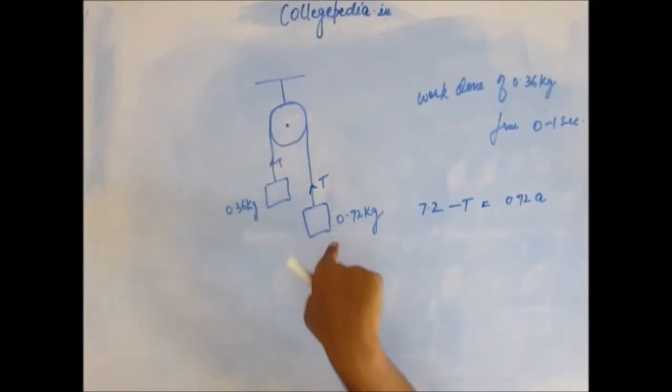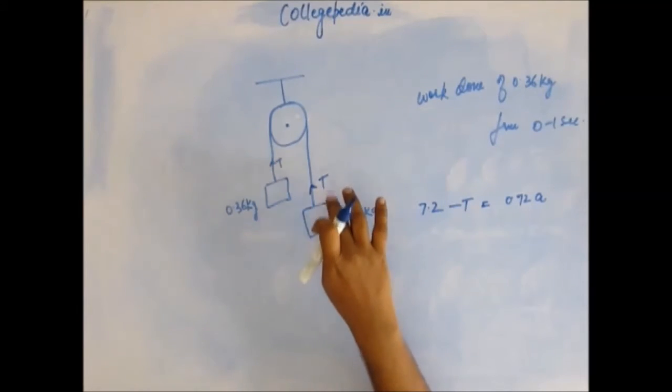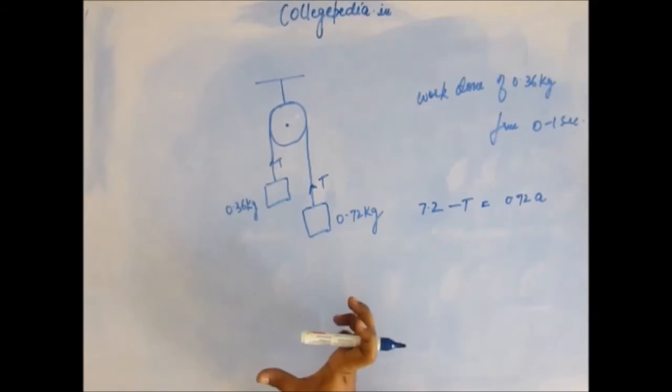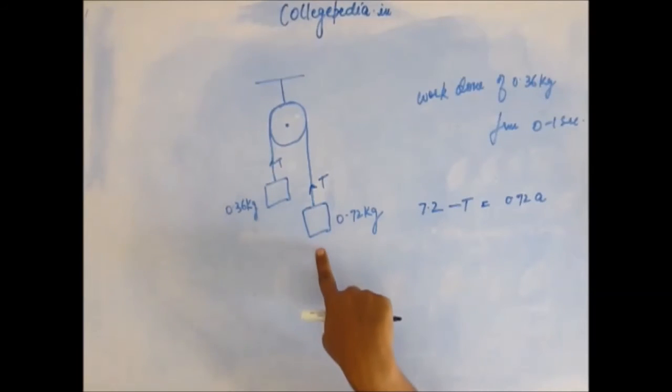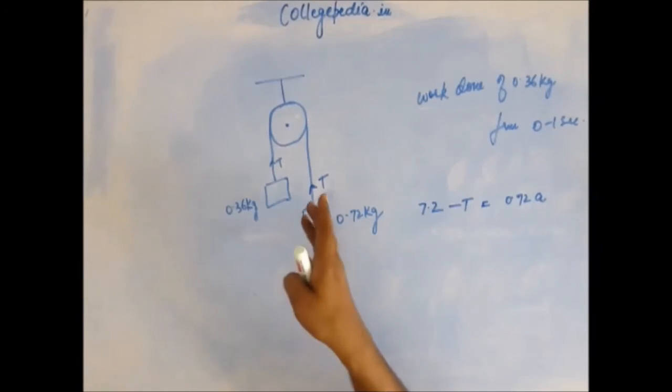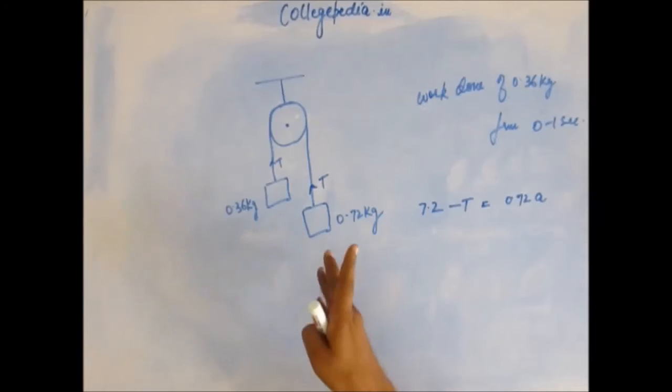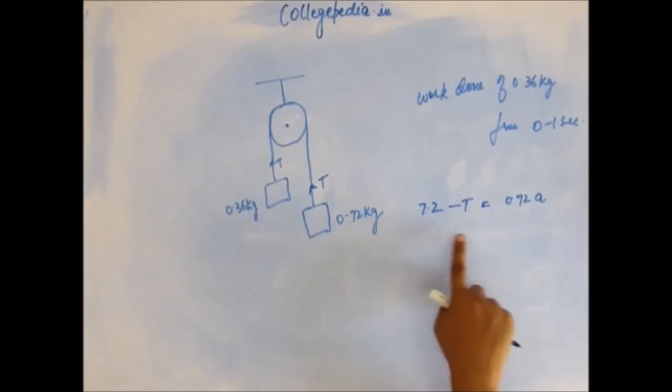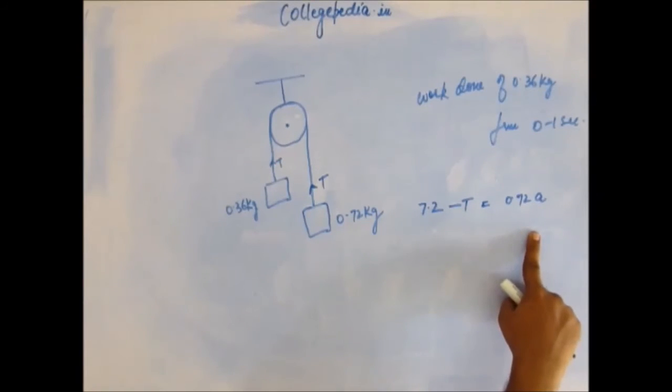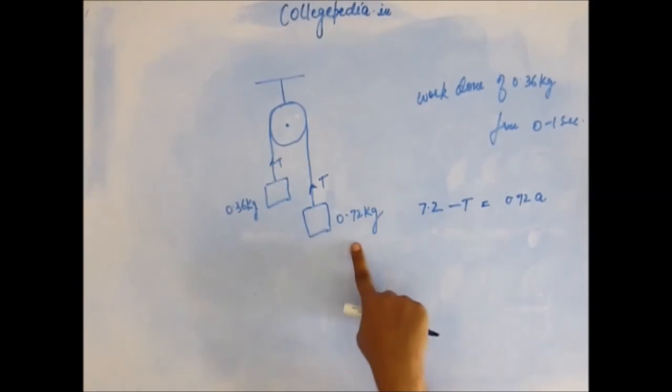The acceleration of both the masses will be the same, because the string will not get stretched, it is an unstretchable string. So by whatever amount this is going up, by the same amount this would come down. This is the Newton's law equation for this block.